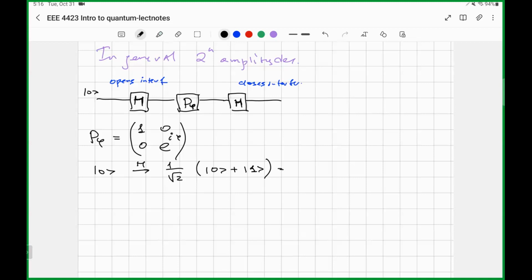The same in matrix form is 1 over square root of 2, 1, 1.